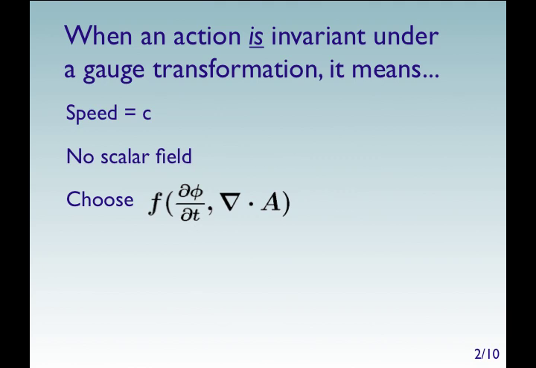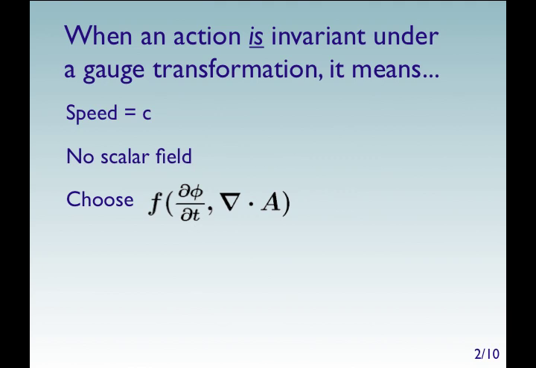Well, let me do this by giving you three well-known examples from electromagnetism. The Coulomb gauge has del dot A equal to 0. The static gauge has the time derivative of phi equal to 0. And the Lorentz gauge has the difference of these two being equal to 0.